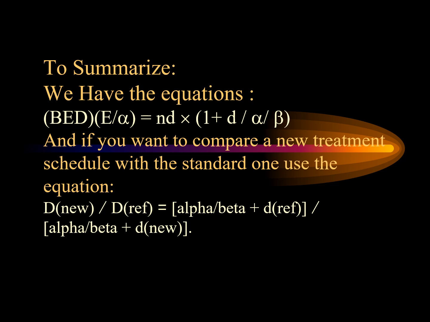So just to summarize what we said now, we have 2 equations. One equation is the BED, and you will use both, by the way. BED is very important, and you cannot forget about it. For example, we are treating spinal cord re-irradiation.